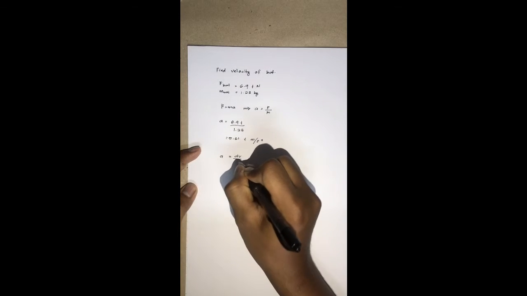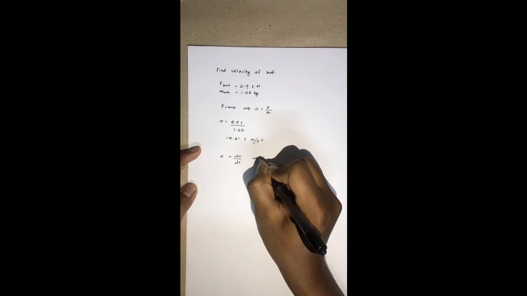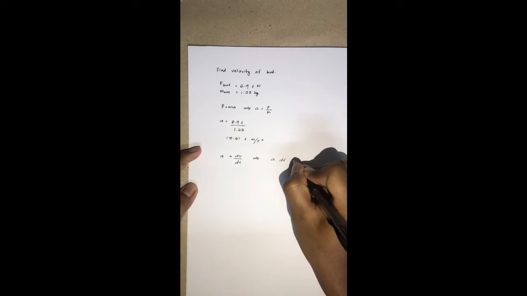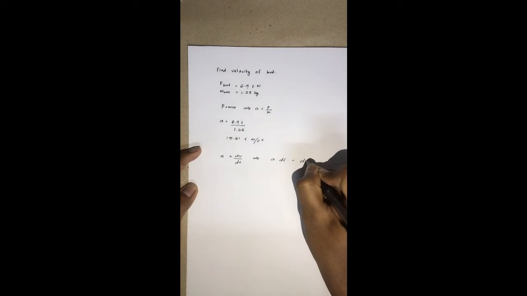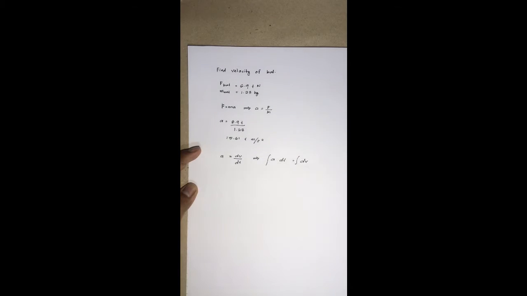From the acceleration we get, integrate the acceleration in terms of t. So a equals dv over dt. Integrate it, a dt equals dv.